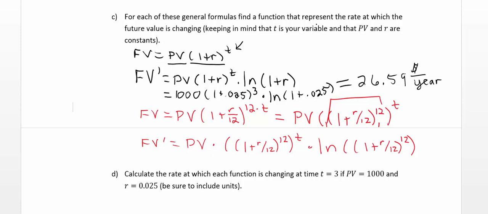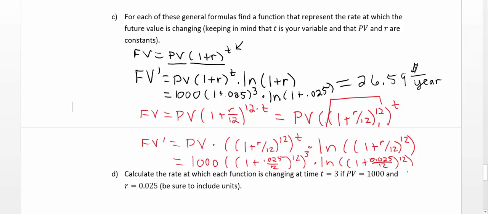Let's do the same thing for our other derivative when we're compounding monthly. So again, we're going to carefully plug in our values. So we have 1,000 times 1 plus 0.025 divided by 12 raised to the 12th, all cubed, times the natural log of 1 plus 0.025 divided by 12 to the 12th.